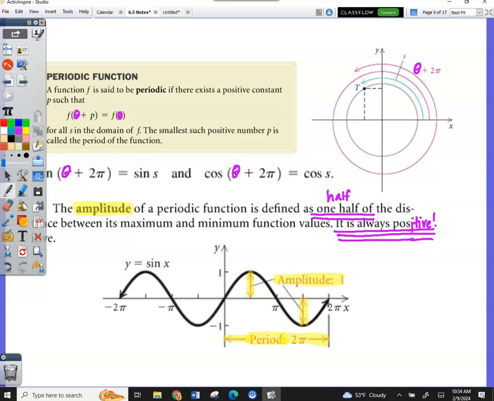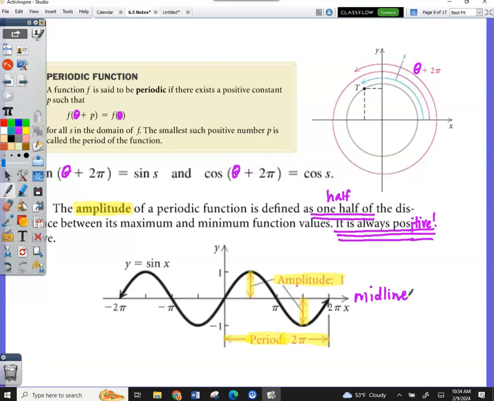Okay. So we got amplitude. Now you can remember that it's half. I personally don't want to remember that. I like to do this. I basically say to myself, "Where's my midline?" This is the midline.